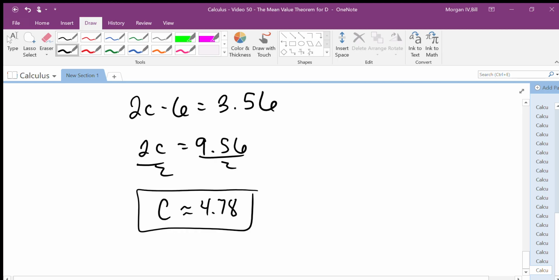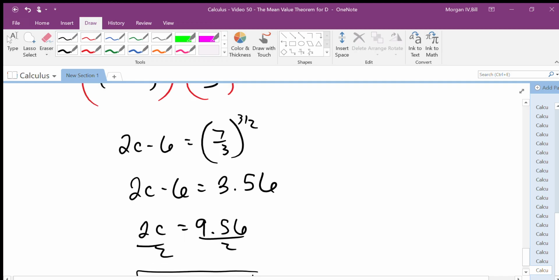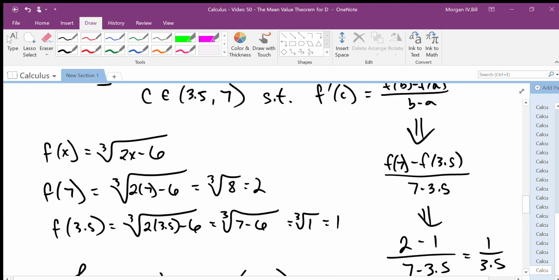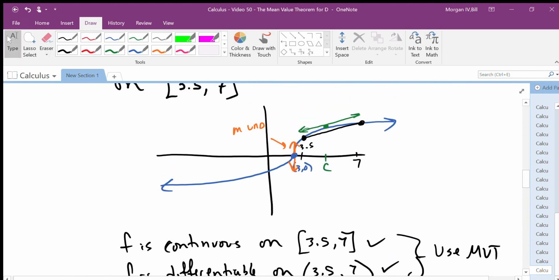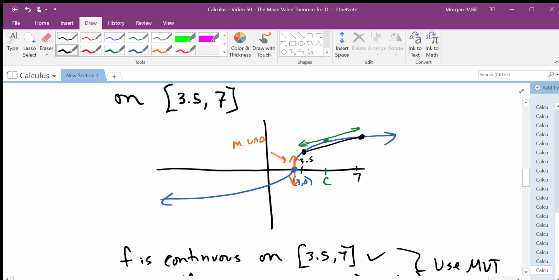Let's see if that makes sense in the context of our drawing. The c value here is 4.78. I would buy that the slope at the function value up there at 4.78 would be the same as 2/7. I could believe that. It's at least between 3.5 and 7, so that's a good thing.